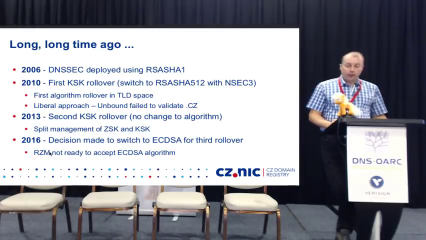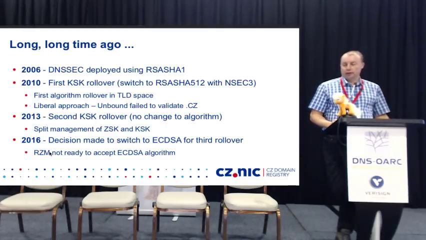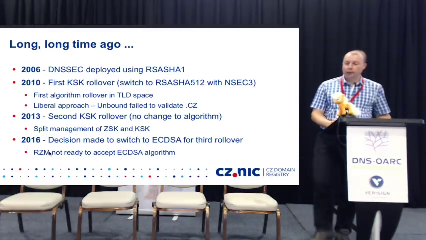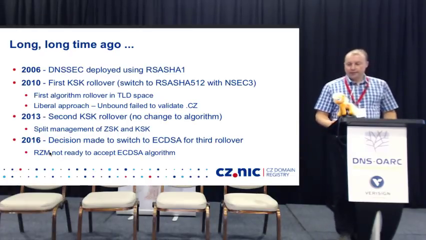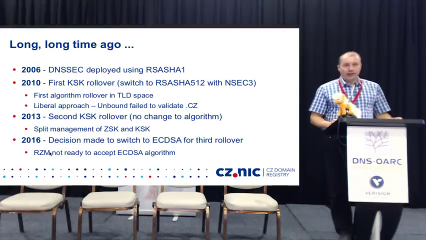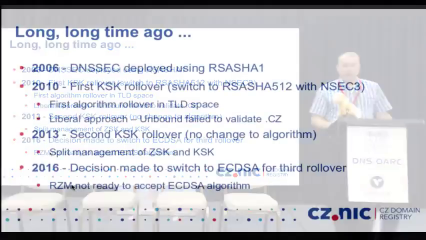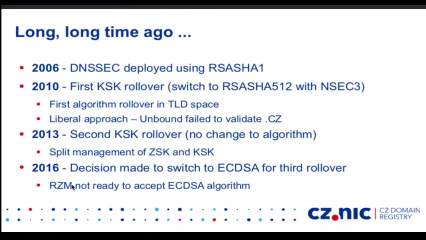In 2010, we did our first KSK rollover, and we decided to use RSA SHA-512 with NSEC3. It was actually the first algorithm rollover in the TLD space. At the time, nobody knew anything about the liberal approach and conservative approach, so we did the classical KSK double signing method.